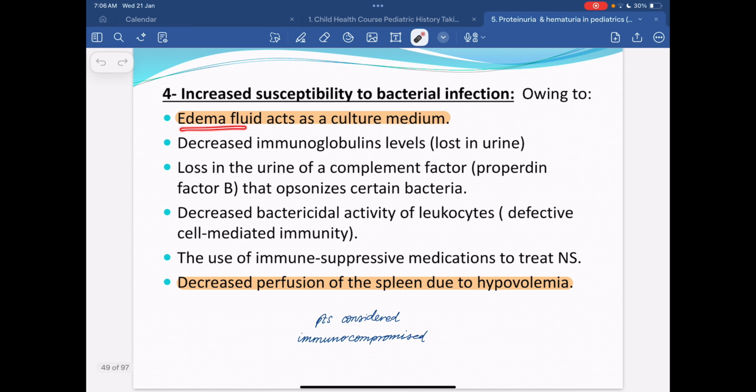Because edema acts as a culture medium perfect for bacteria، ولأنه عندنا decreased in proteins overall including immunoglobulins which defend against infections تبع البي cells، وبعد عندنا loss of a complement that opsonizes bacteria. So عندنا immune system proteins حق immune system كلها قاعد تنزل. نفس الشيء leukocytes عندنا defective cell mediated immunity because immunoglobulins كلها طلعت.